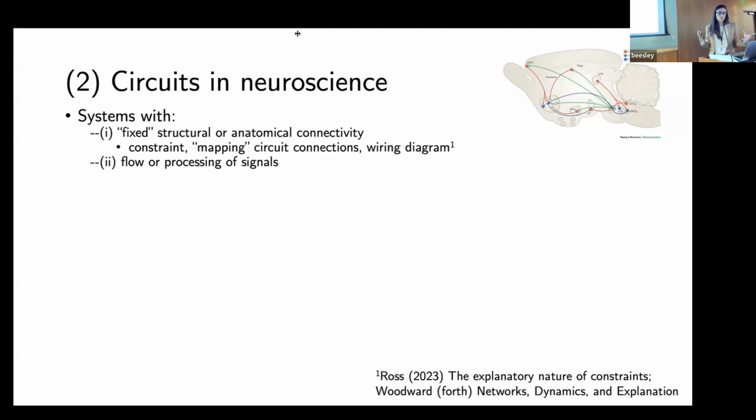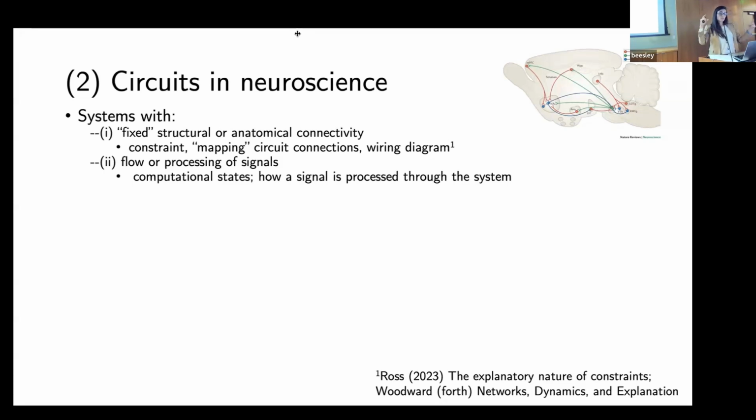With respect to the connectivity in the circuit, there is a focus on mapping that. Of course, that is much more easily represented in these diagrams, often referred to as wiring diagrams. When it comes to this flow of information or processing of signals, this is often referred to as computational states of the system, how a signal is being processed through the system.